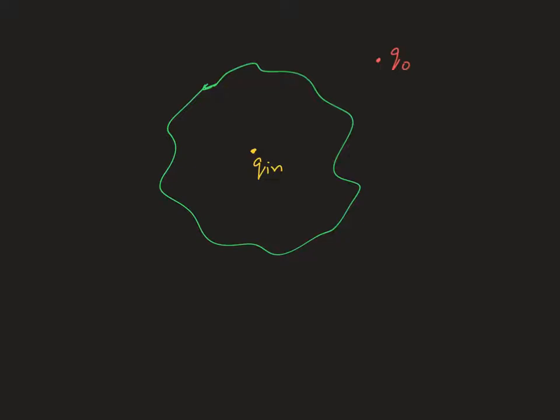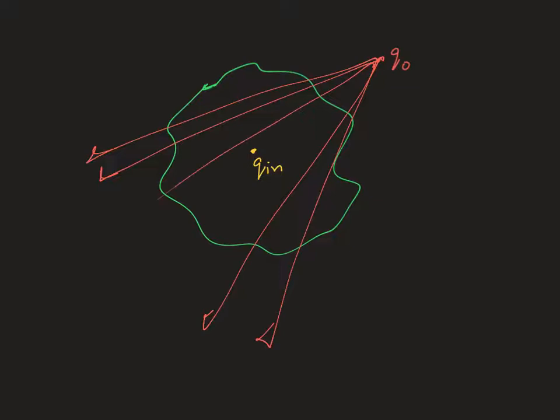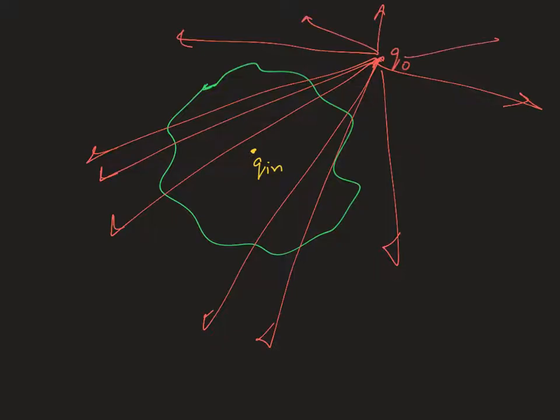There can be a combination of charges outside, and there can be a combination of charges inside. But okay, let's first simplify things. Now, if we consider the charge outside, we have to understand that some of the field lines that the charge emits are passing through the surface, obviously, and some of them are not passing through the surface. You can see very well.